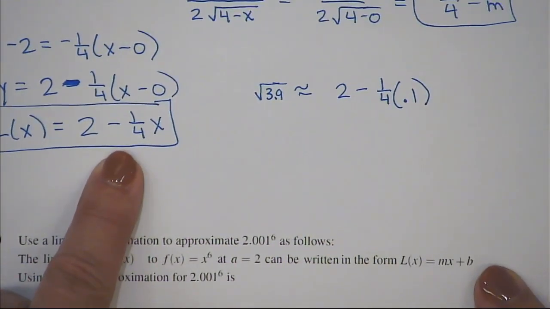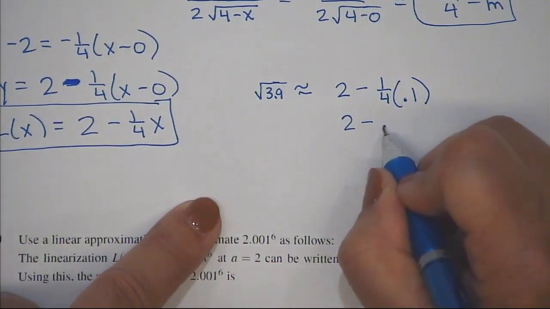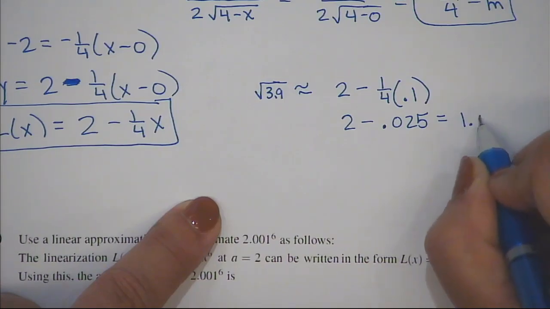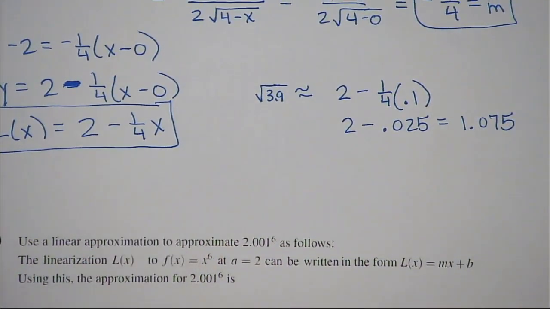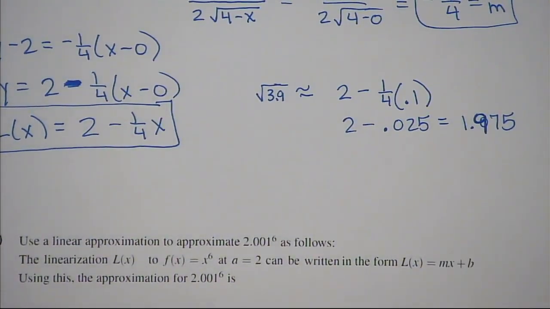Okay, so that's 2 minus 0.025. Oh, that's a 9, not a... I can't subtract. Okay, all right, sorry about that. 1.975. I thought that was kind of low. And if you plug in the square root of 3.9 in your calculator, it should be close to that.